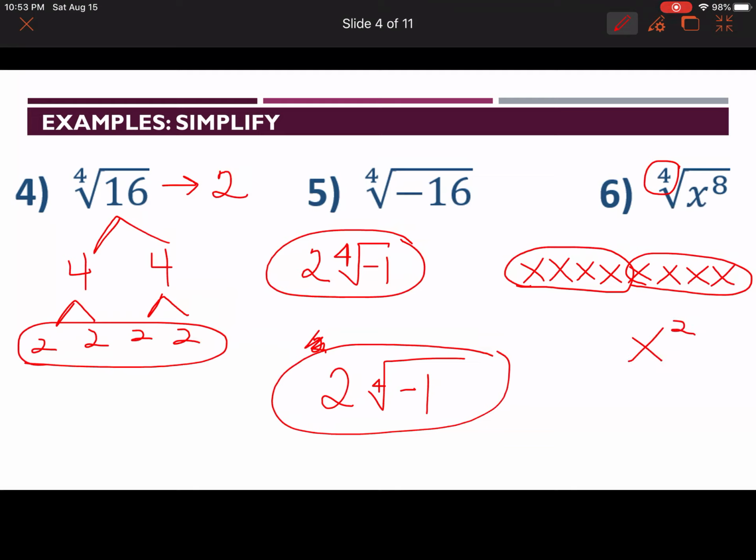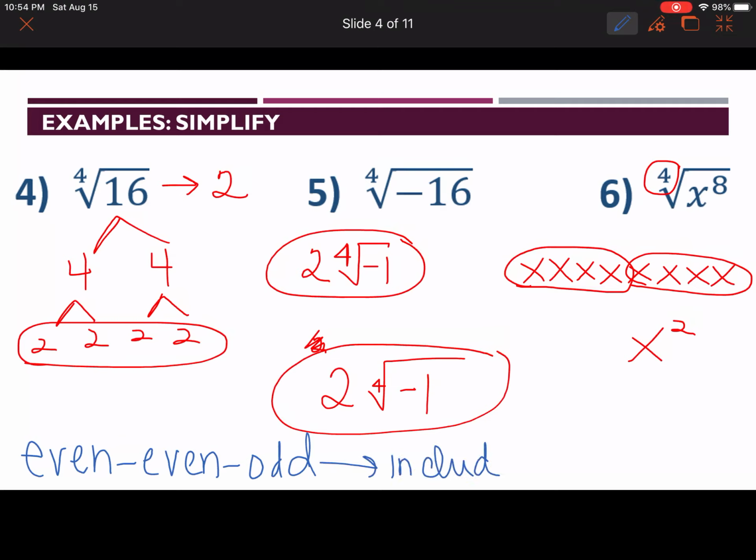I'm going to go ahead and introduce this rule for you to write down now. It's called the even odd rule. And what that means is that if I start off with an even index and an even exponent and the result is odd, we have to include absolute value around that term.